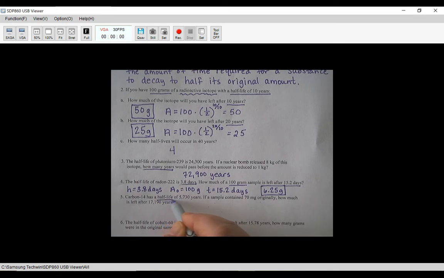So the half-life, that's our H value, is 5,730. It contained 70 milligrams originally, and we want to know how much is left after 17,190 years.